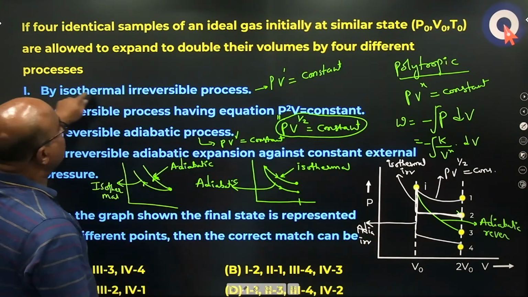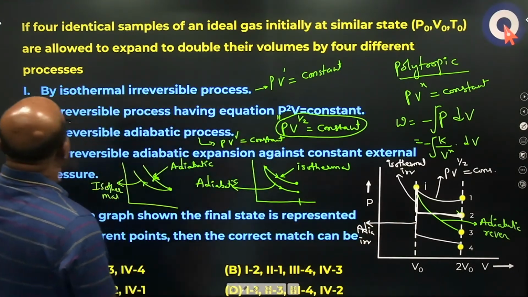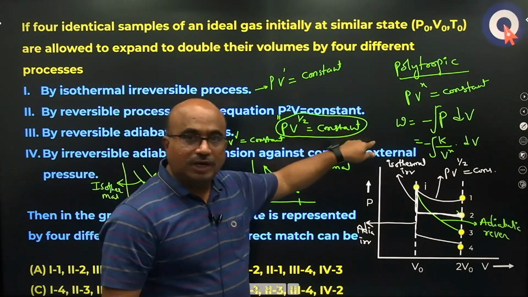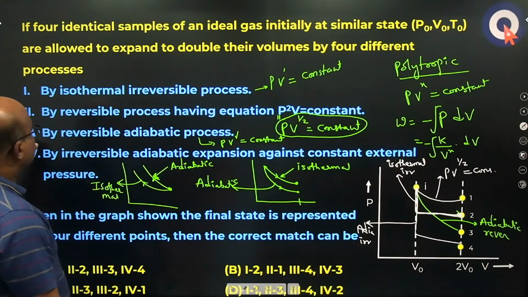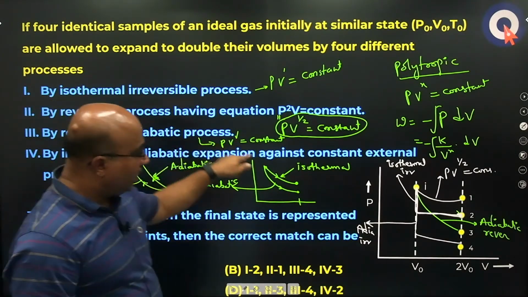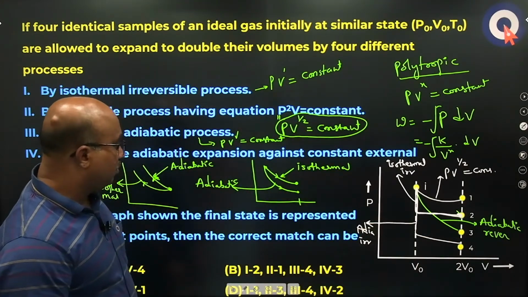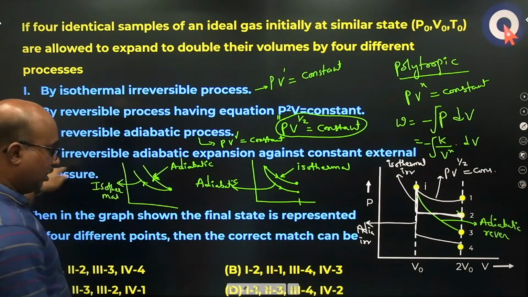So the first one is indicated by the second reversible process having PV to the power of 1 by 2 constant, which is indicating 1. Third will be indicated by this 3. Clear? Reversible adiabatic process. Clear?